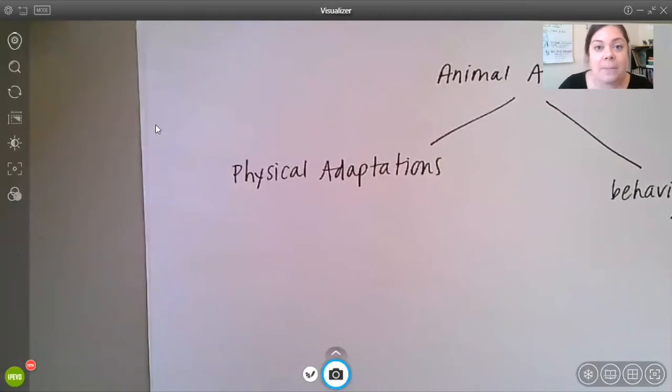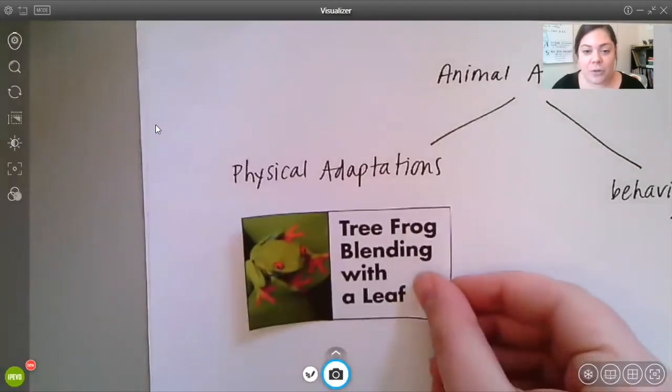One specific example that you're going to read about this week is camouflage. Now, we know that camouflage means to blend into your surroundings. There are animals everywhere around us, but they're so good at camouflaging that a lot of times we can't see them. One of those specific animals that you may notice out and about is a tree frog.